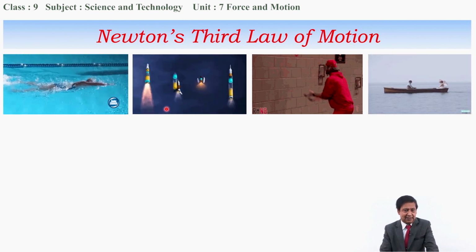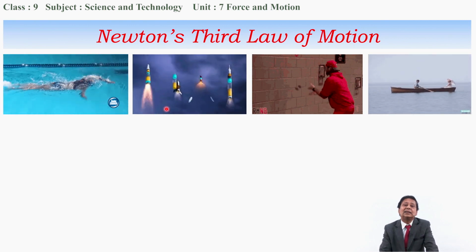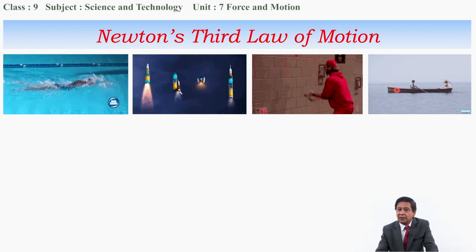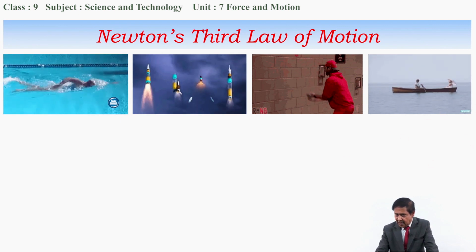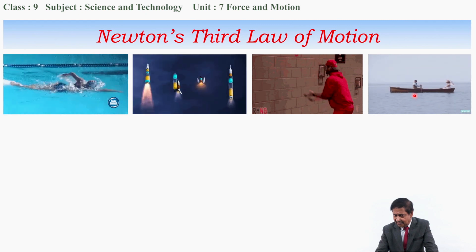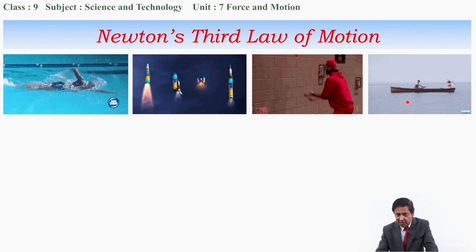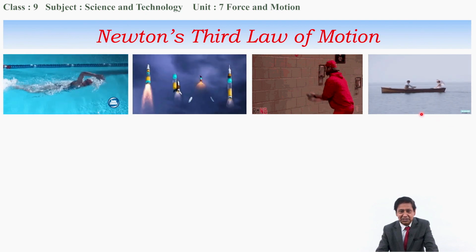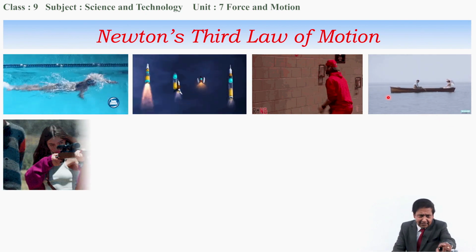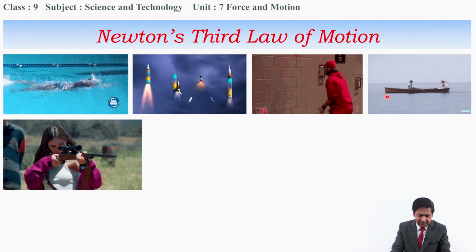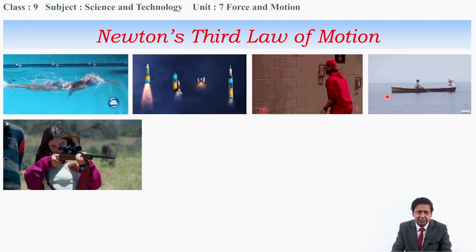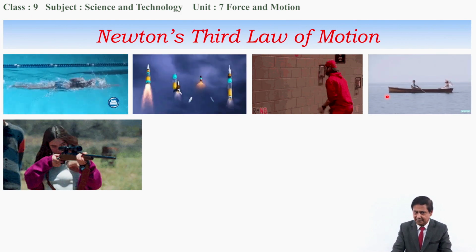Another, look at this, a man is moving in a boat, and looking at this we can understand that they are a newly married couple moving somewhere. This is a girl and she is shooting something with the help of a gun.